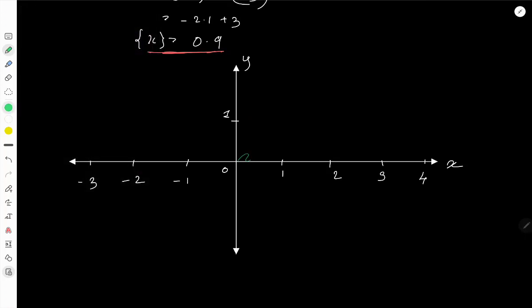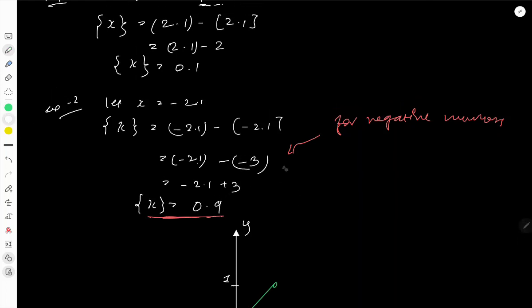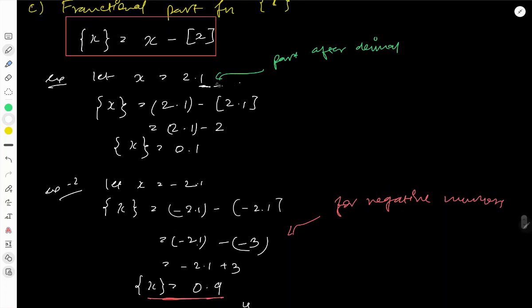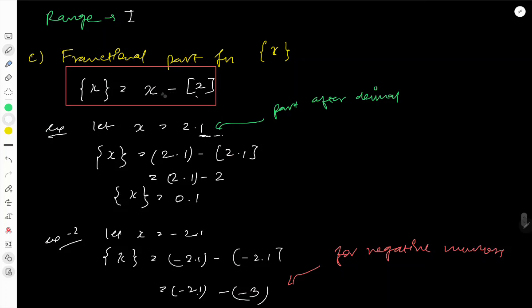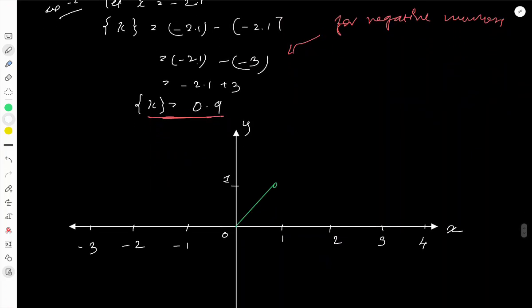It goes from 0 till 1, and it doesn't touch 1, because you can't say the fractional part is 1. You can't say the decimals are all 0. If I take an integer and subtract its box of x, then it will be 0, but it cannot be 1. So this is the first one.